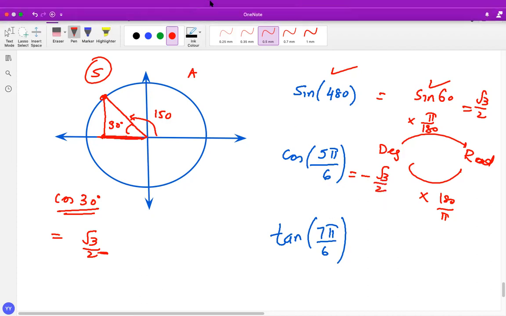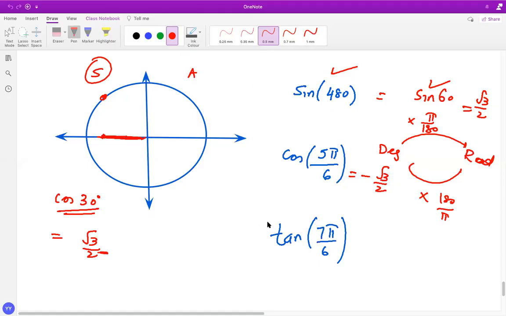Now tan 7 pi by 6. When you want to find the value of tan 7 pi by 6, you first draw the position. 7 pi by 6 is actually 210, if you convert into degrees for better understanding. So the base angle here is 30 degrees.